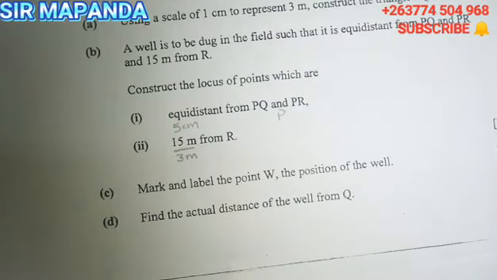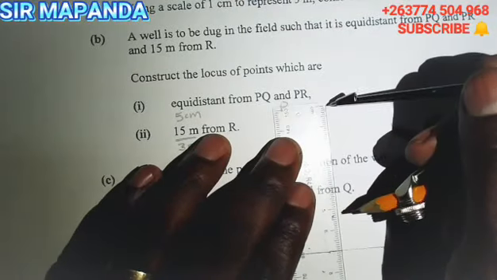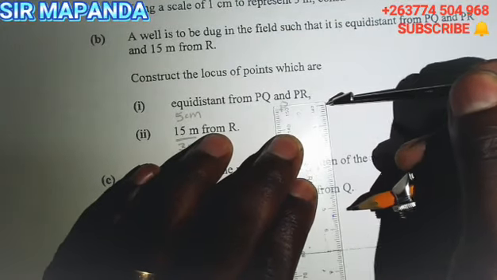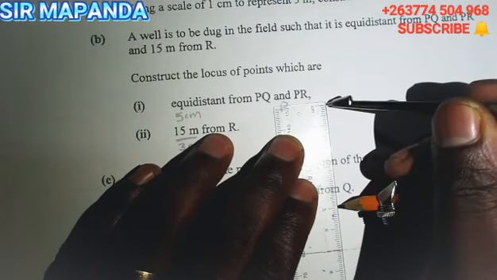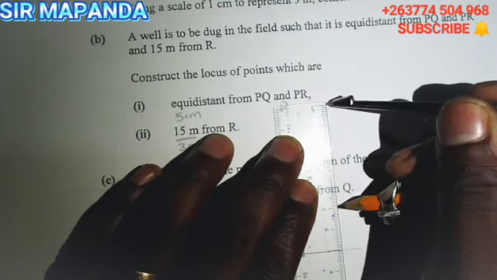So this locus of 15 meters from R is represented by a circle where R is the center of the circle. So you start by measuring 5 centimeters. When measuring, the needle of the compass must be aligned with 0, then the pencil must be aligned with 5, like this.